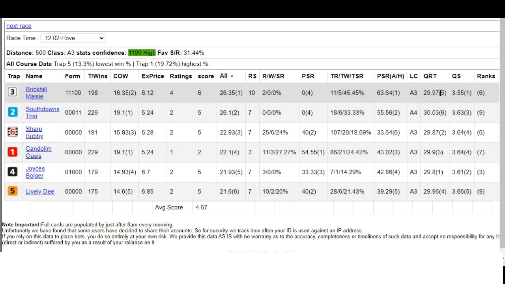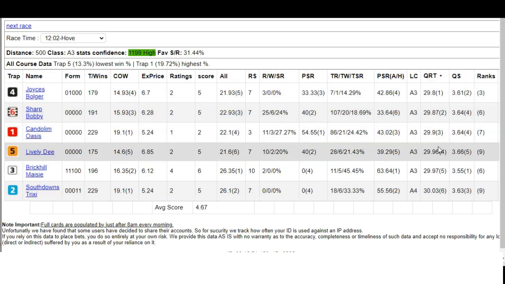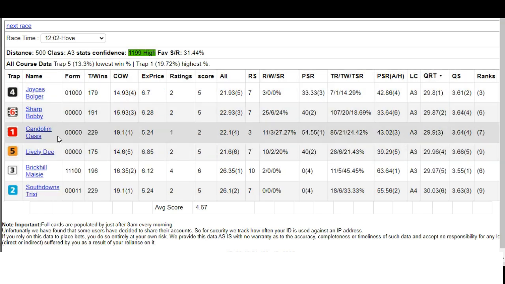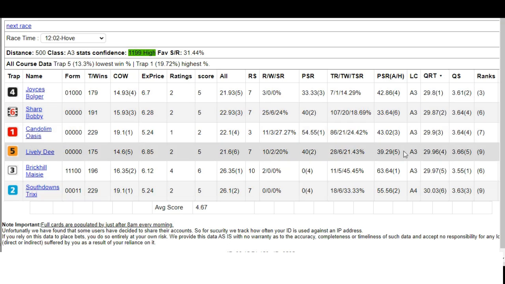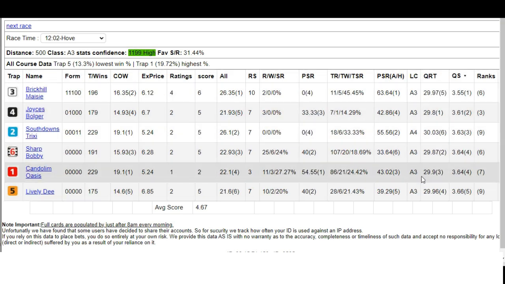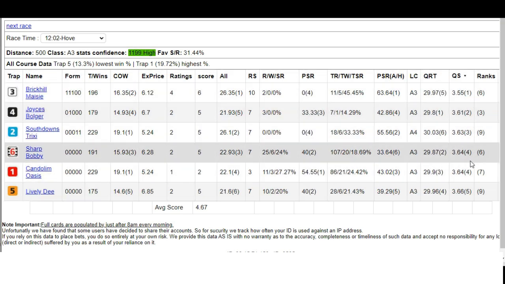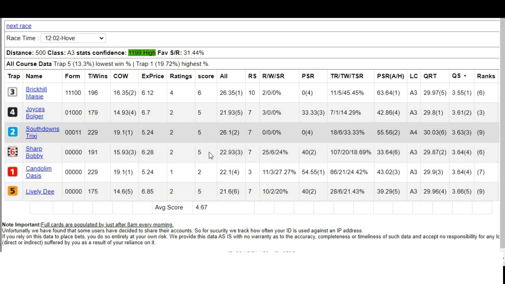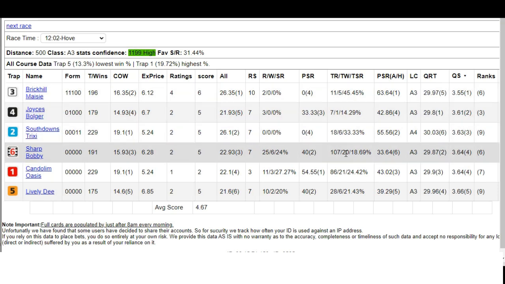Now you could also use the QRT column, 1, 2, 3, 4. That would change the order. I don't often use the QRT column for Dutches, and then there's the QS column, 1, 2, 3, 4, and I don't often use that as well, but again it gives you a slightly different range.